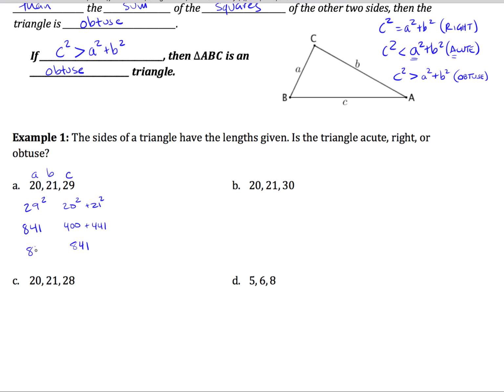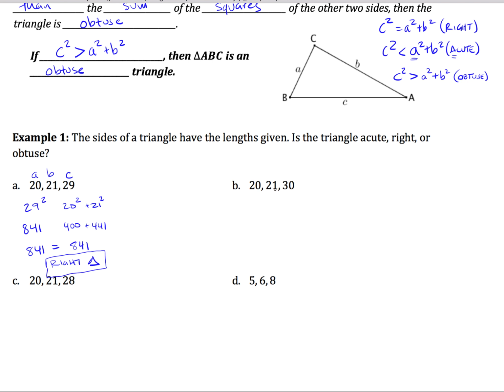So we're looking at 841 equaling 841. So that means that this right here has to be a right triangle. It also means we found another Pythagorean triple. 20, 21, and 29 is a Pythagorean triple. But because C squared equals A squared plus B squared, that makes it a right triangle.